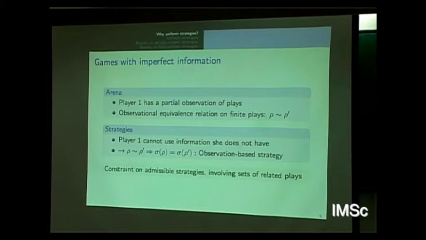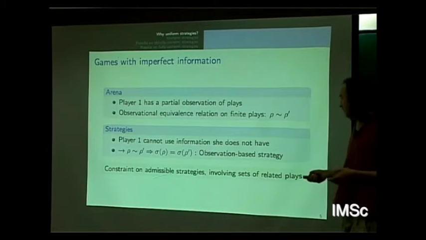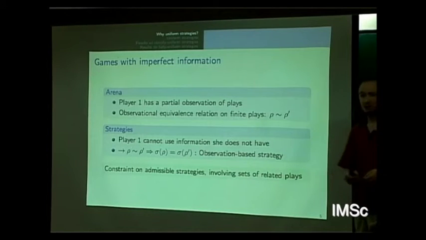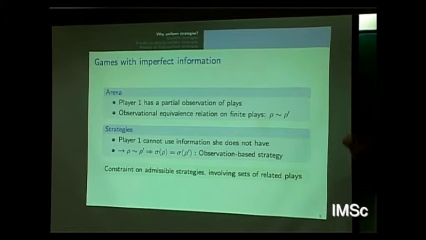And this is a property of strategies that you cannot evaluate on single plays. You need to consider all the related outcomes to check whether the strategy really plays uniformly in indistinguishable situations. So it's some kind of second-order property, if you want.